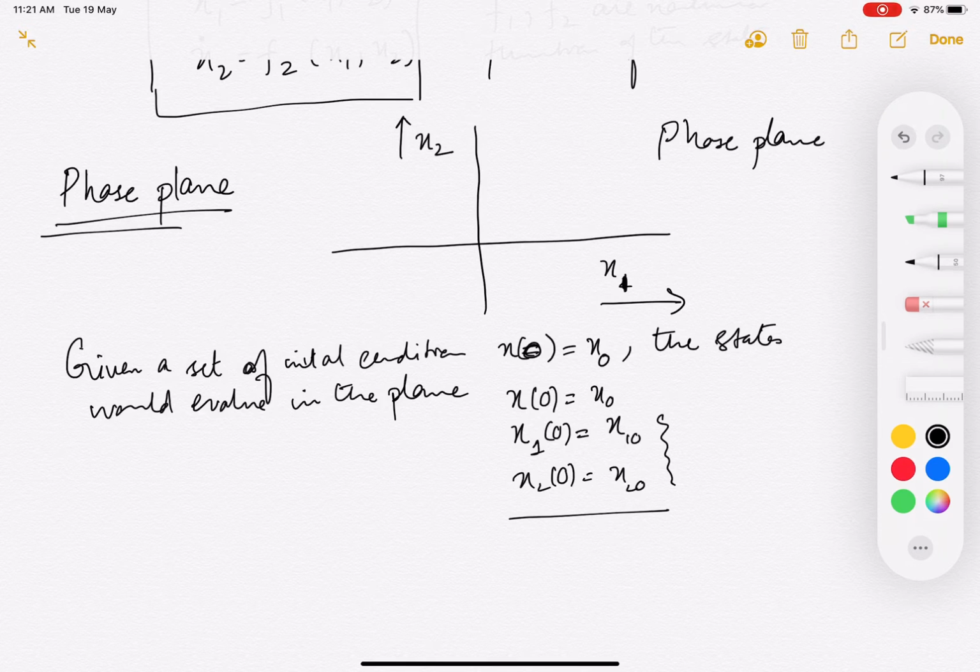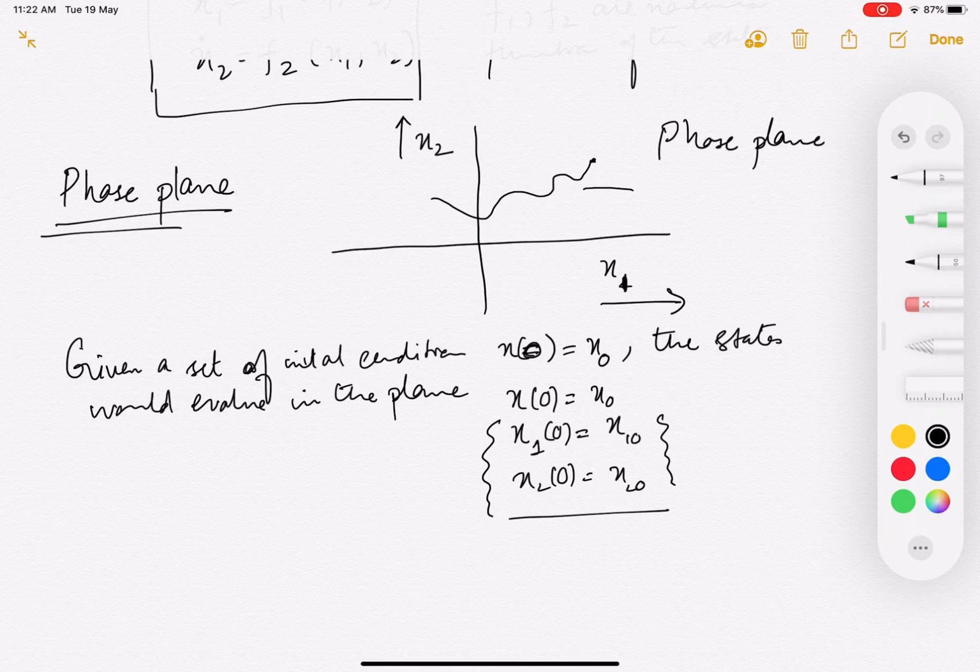So these states start from these initial conditions and then they evolve, and that means you can start from some initial conditions, say here in the phase plane, and sketch the evolution of the system as the values of the x1 and x2 states change. So this sketch that you draw is called the phase trajectory.